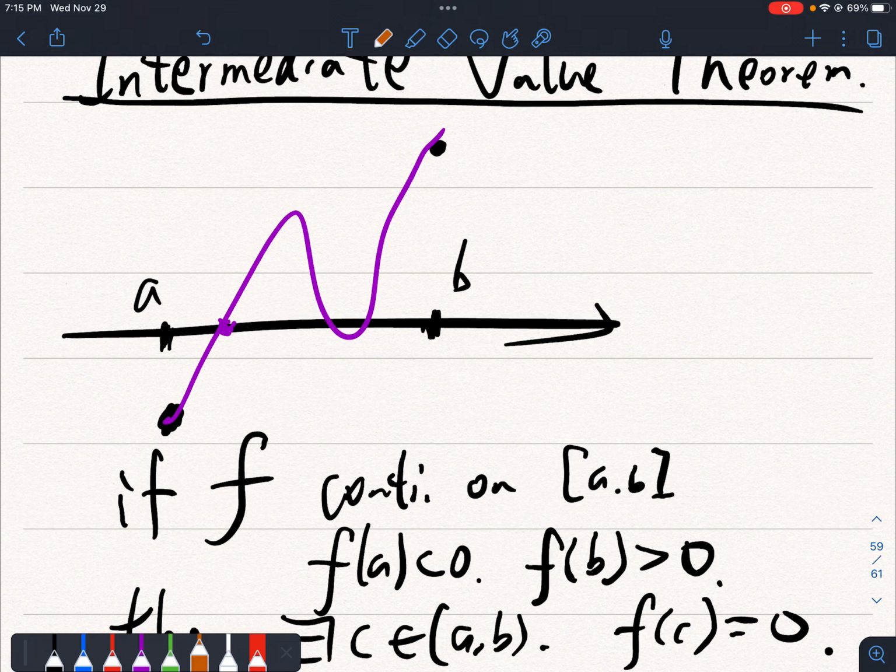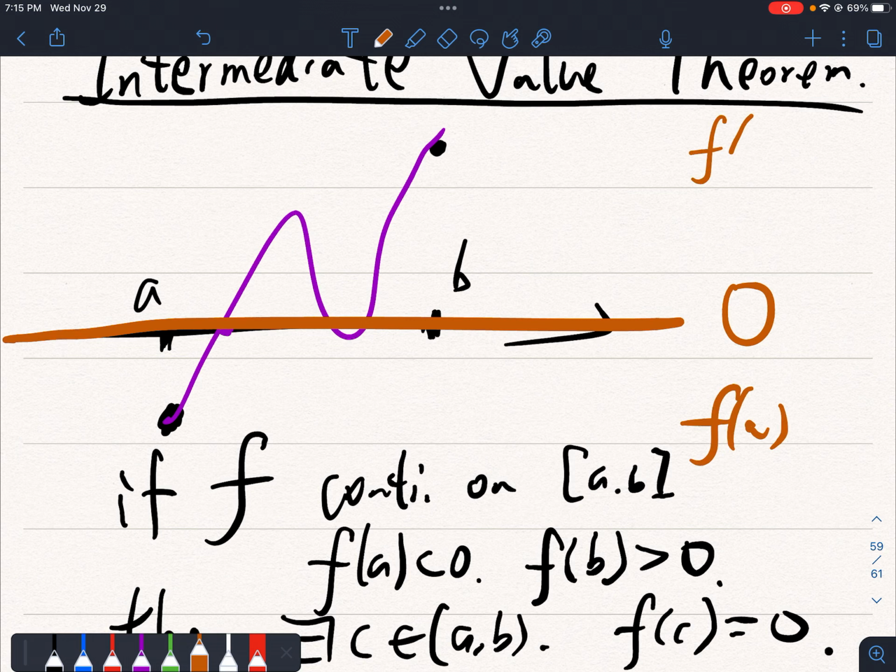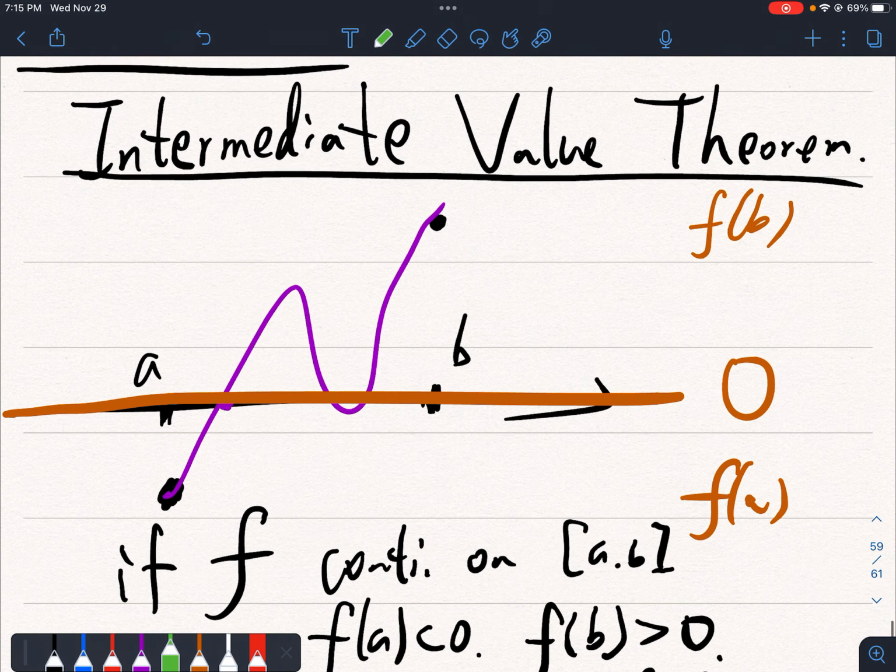But in general, you can see that the importance of 0 is only that 0 is between f of A and f of B, right?